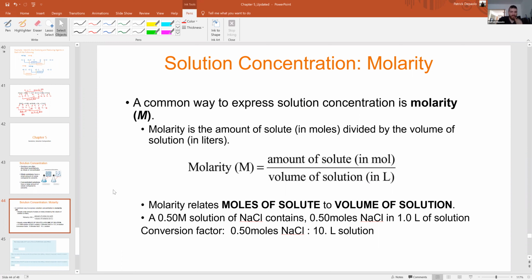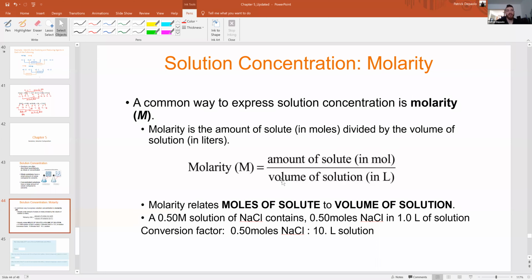Okay. So molarity. The definition of molarity is very simple. It's the amount of solute in moles divided by the liters of your solution. So for example, 58 grams per mole is the molar mass of NaCl.